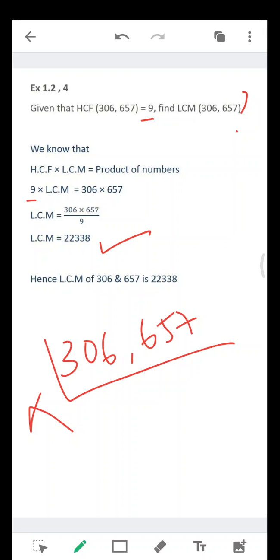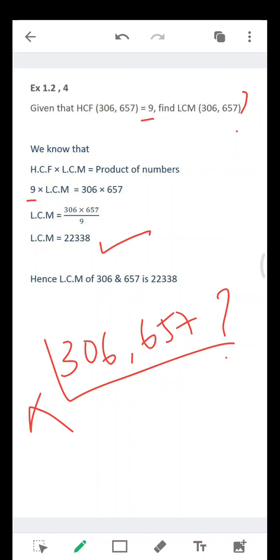Isn't it easy? Easier than this, finding the LCM. So this relation can be used to find any one missing. Either SCF can be missing, here LCM was missing, any one number can also be missing. Okay, so you get different questions in this category.